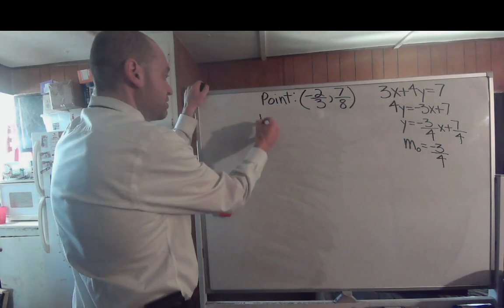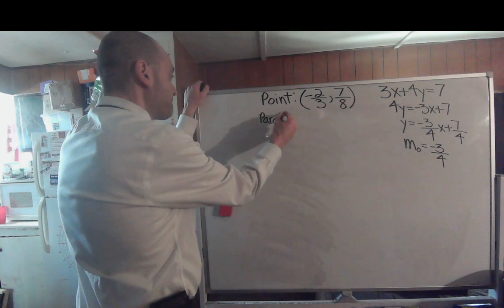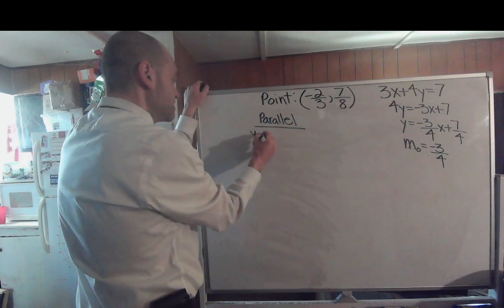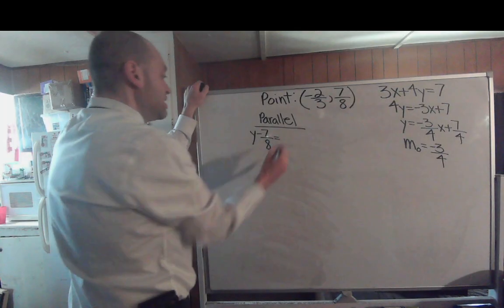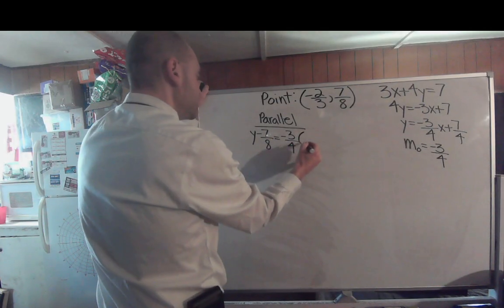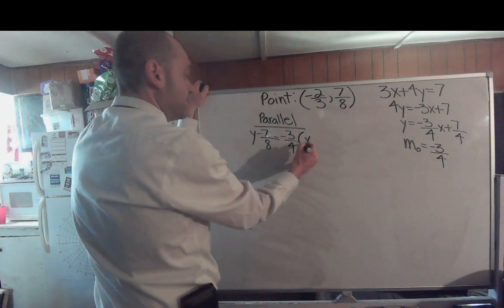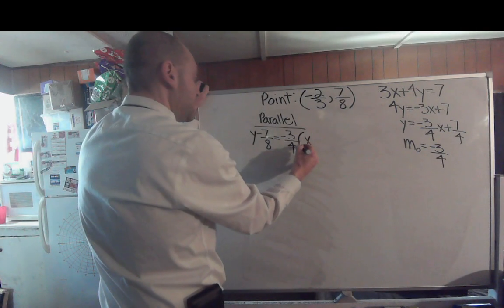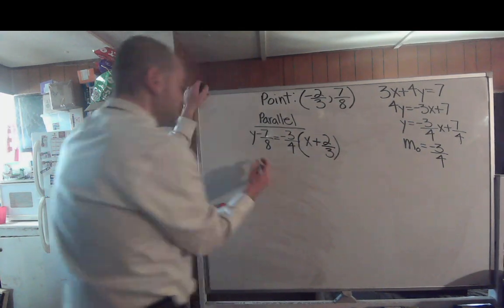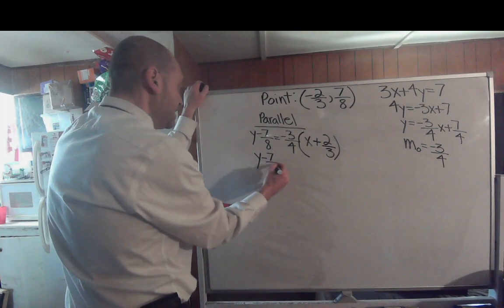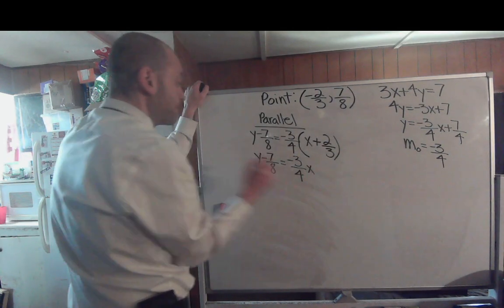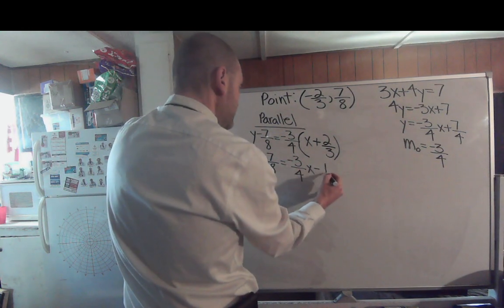So now let's go for the parallel line. So that's going to be y minus your y sub 1, which is 7/8, equals your slope of negative 3/4 times your x minus your x sub 1. So x minus negative 2/3, that'd be x plus 2/3. So y minus 7/8 would equal negative 3/4 x minus 1/2.